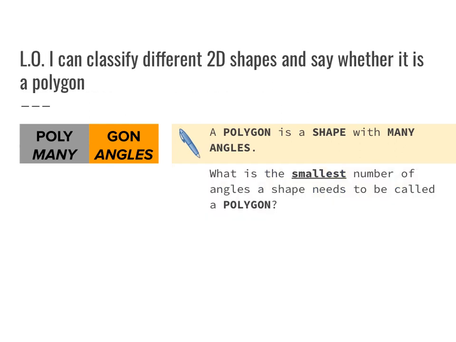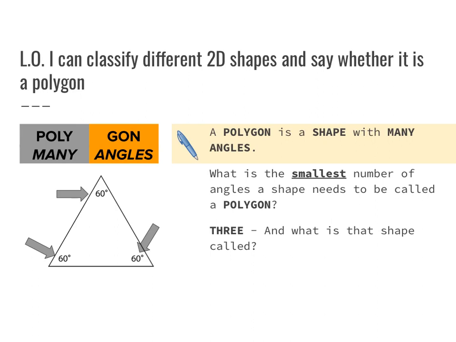Now, we know that a polygon must be made of more than 2 lines and angles. Therefore, what is the smallest number of angles a shape needs to be called a polygon? Yes, you're absolutely right. We need a minimum of 3 lines or angles.